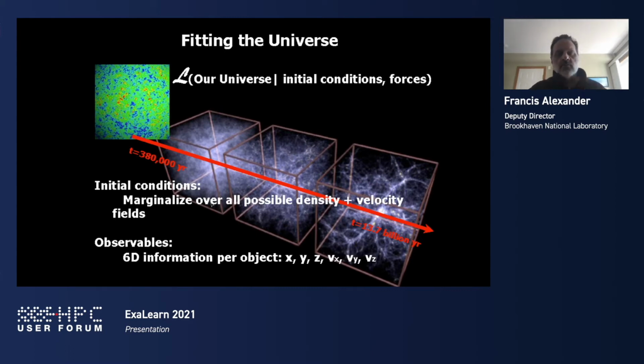You integrate those forward in time using Newton's equations for gravitational interaction, and look to see what parameters would lead to what structure in the universe that we are observing today, and then from that try to infer what those parameters actually were.